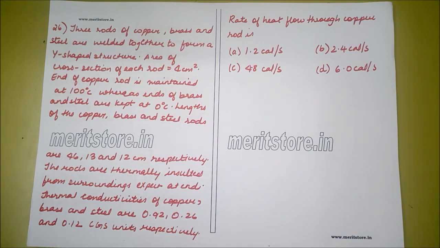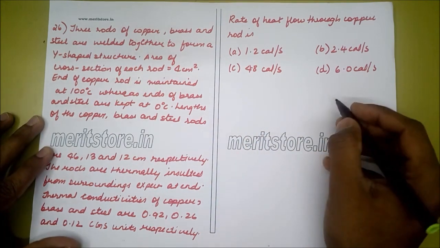The rods are thermally insulated from surroundings except at the ends. Thermal conductivities of copper, brass and steel are 0.92, 0.26 and 0.12 CGS units respectively. The rate of heat flow through the copper rod is, the options given are 1.2 calories per second, 2.4 calories per second, 4.8 calories per second and 6 calories per second.